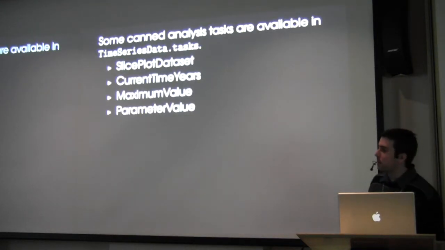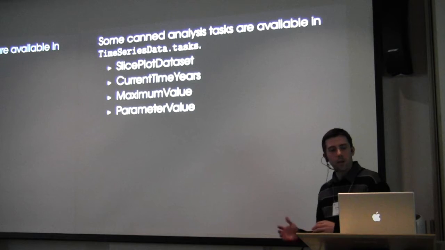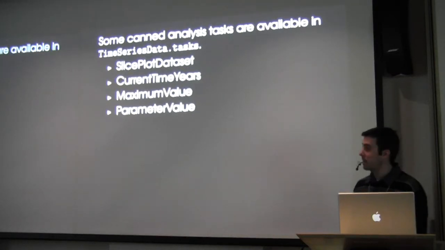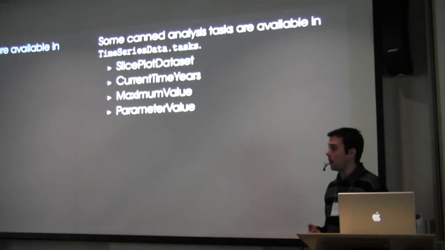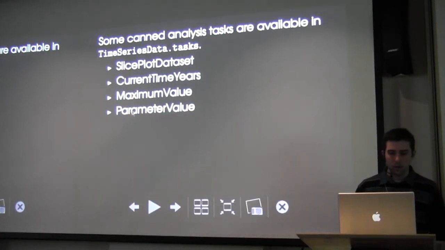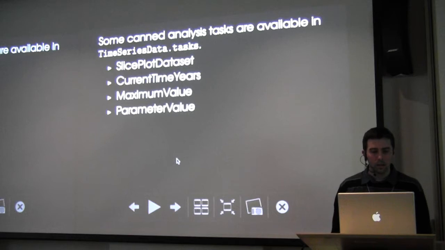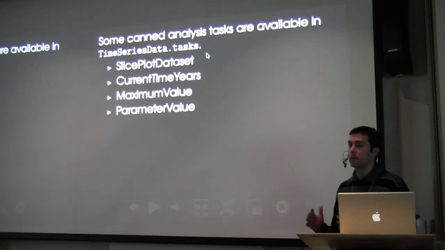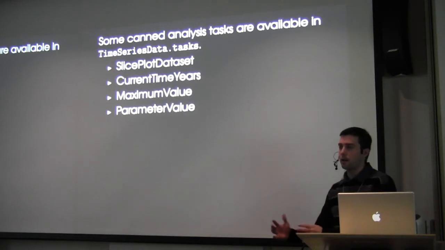So you have at your command some simple canned tasks to go along with these data containers as well. You have these 4 here: slice plot data set, current time in years, maximum value, parameter value. And so let's actually show what those are. All these live in a dictionary, much like the derived quantities lived in sphere.quantities.